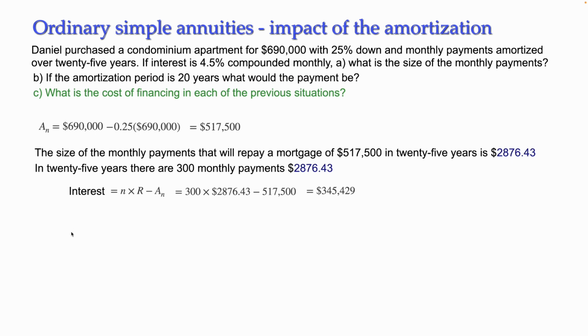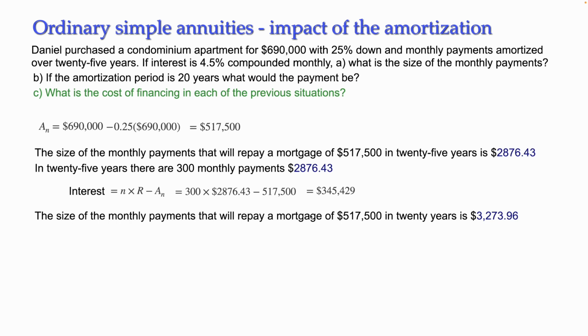In the second situation, when you pay in 20 years, remember that we get that the payment was $3,273.96. So in 20 years, you are making 240 monthly payments. So you are going to do the same to get the interest. Multiply n times r, the number of payments times the amount of payment, minus the present value.